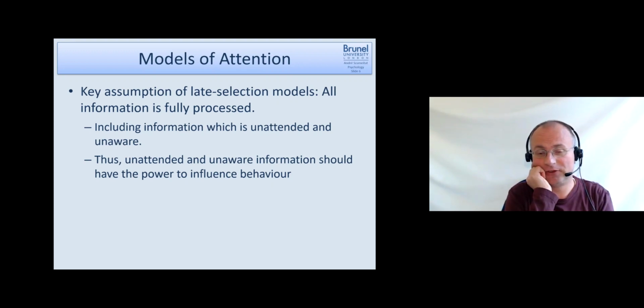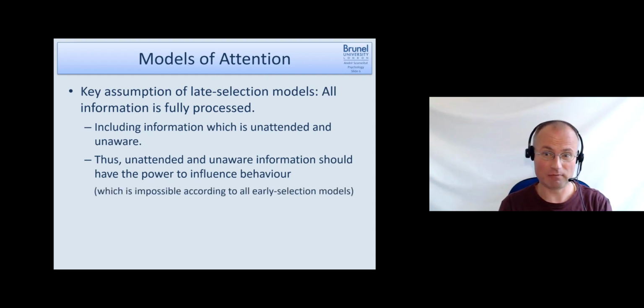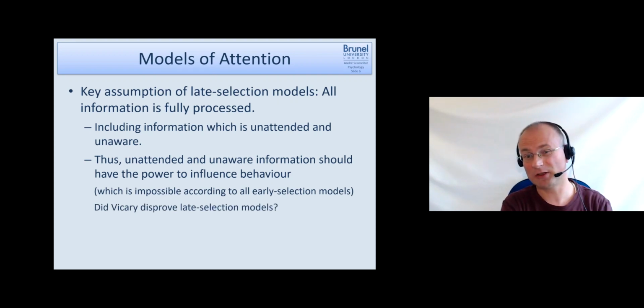However, Vicary didn't observe any effects. So in a way, did Vicary disprove the late selection models, and in this way find support for the early selection models, which would propose straight away that this should be impossible anyway?